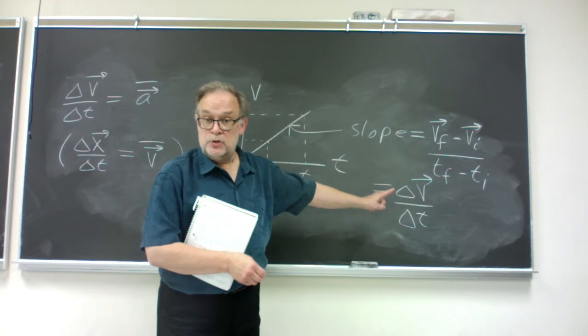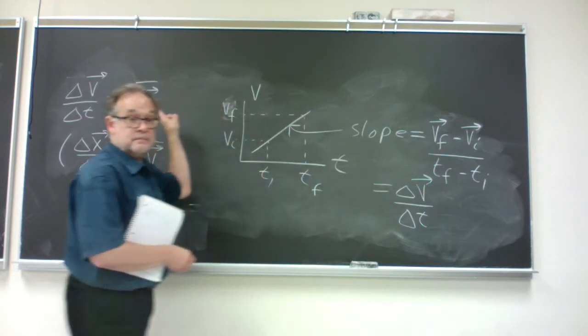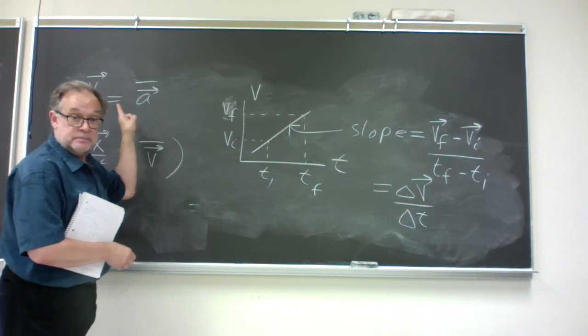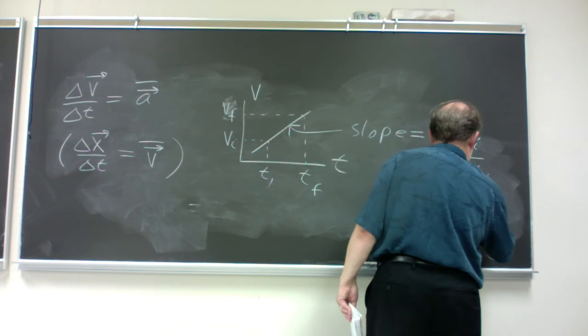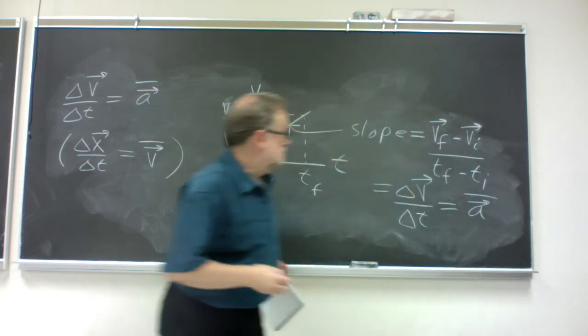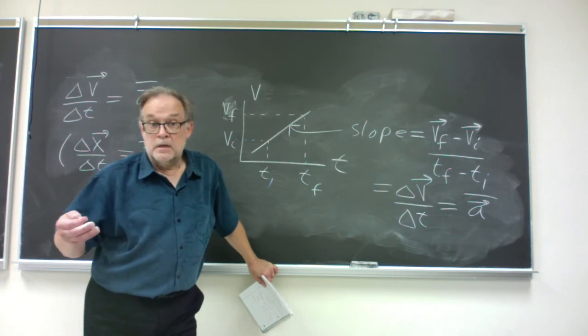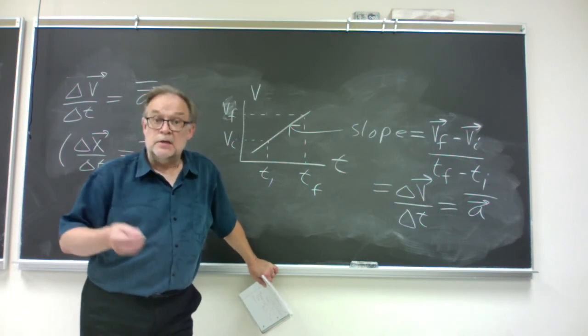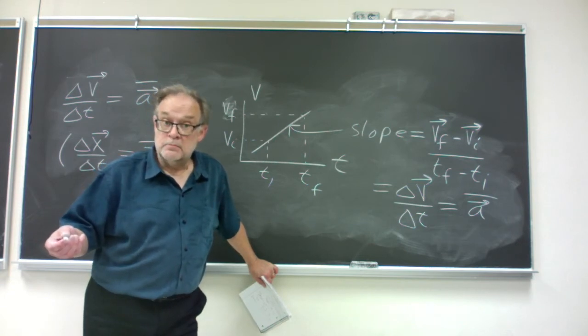But we just saw this same quotient a minute ago. It's average acceleration. So the moral of the story is, in a velocity versus time graph, slope is acceleration.